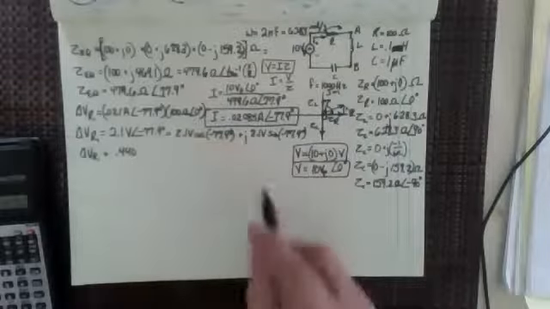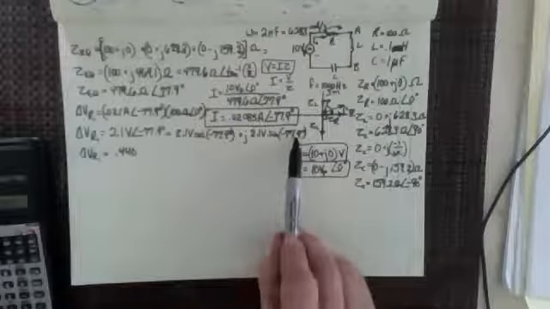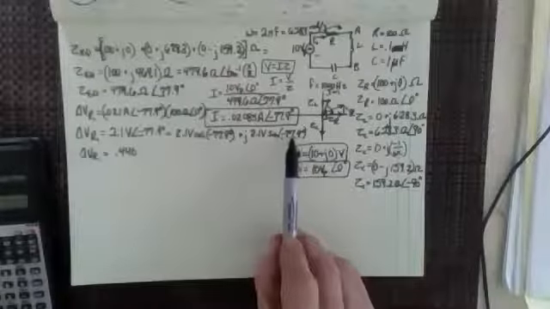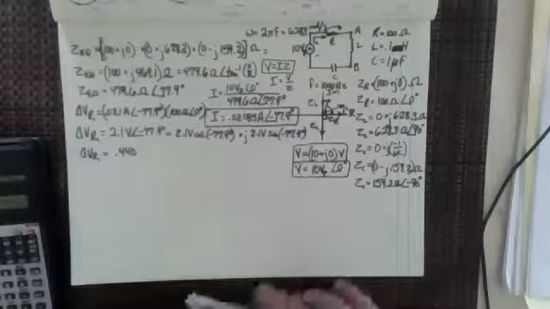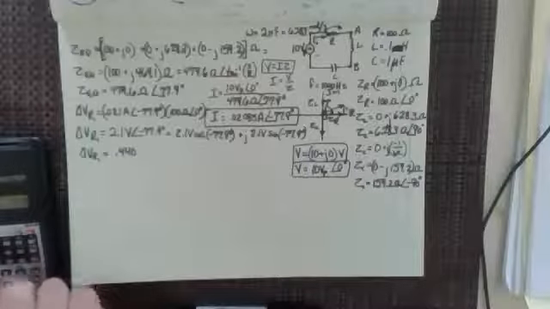We've also got the sine here, and the sine of minus 77.9 is going to be negative, isn't it? So if I take the sine of minus 77.9, I get minus 0.978.